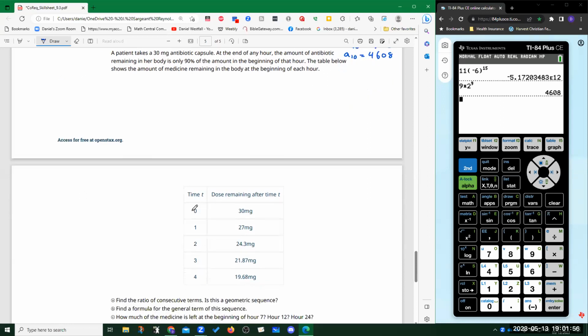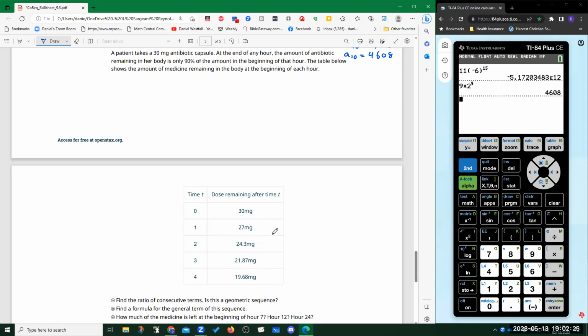So at the beginning, at hour 0, we have 30 milligrams, right? And after we've completed 1 hour, 27, at the beginning of the second hour, at time t equals 2, is 24.3, and so on.